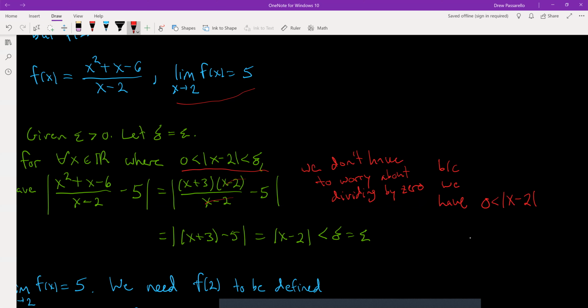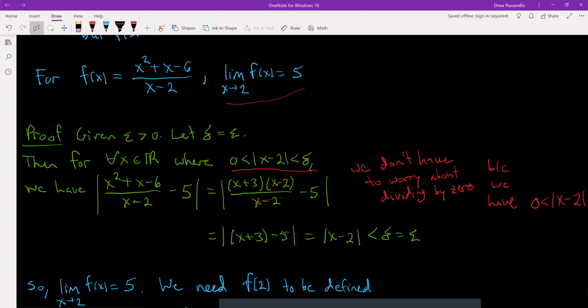And since we already said we have x minus 2 being less than delta, this is less than delta, which is equal to epsilon. All right, so that proves that the limit as x approaches 2 of f of x is 5. So that's that requirement. The limit exists in the real numbers, and the limit is 5.